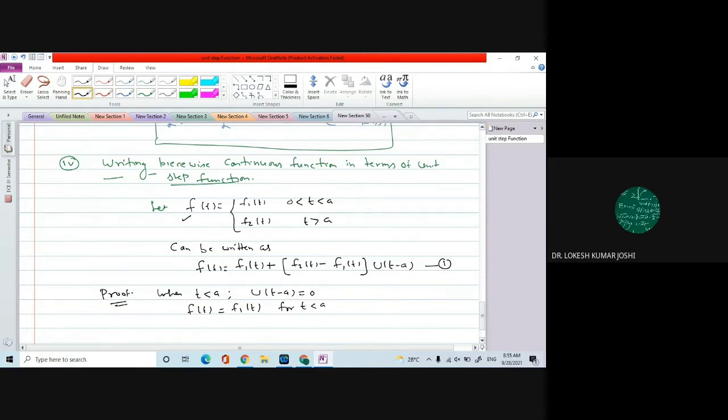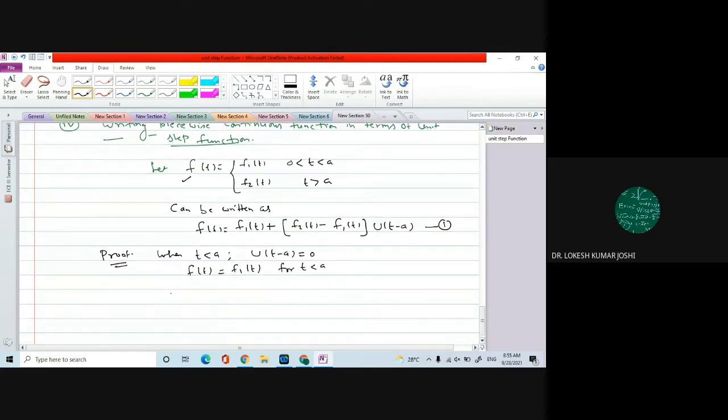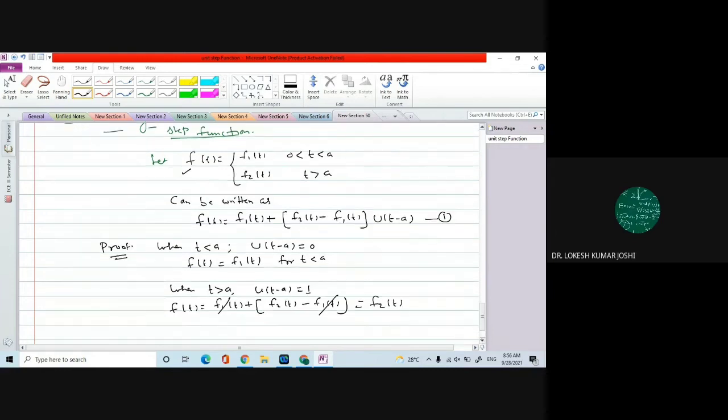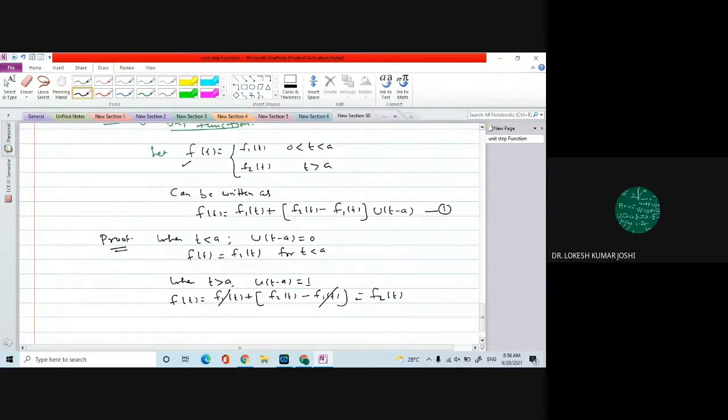And when t is greater than a, u(t minus a) equals 1, and if we put this value in equation 1, what will happen? f(t) equals f1(t) plus f2(t) minus f1(t). You can see f1(t) will be cancelled out. We get f2(t). Therefore, we can write any function in terms of unit step function like this.